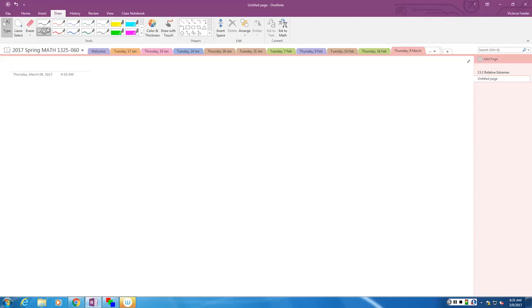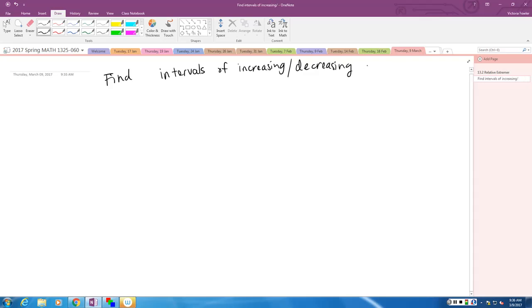Okay, what we're doing in this section is really continuing on. We're going to find intervals of increasing and decreasing, and all relative extrema.